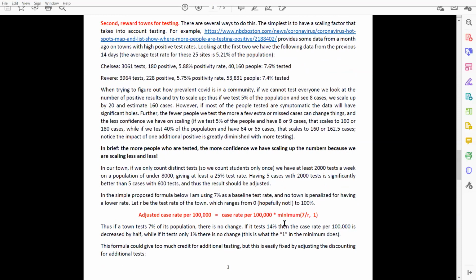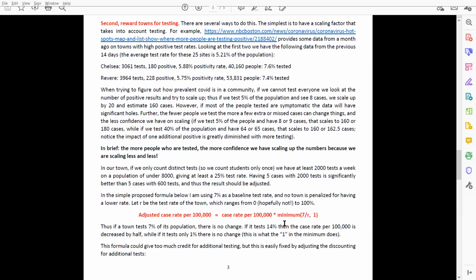And if you test more than that, if you test twice as much, at 14%, you would multiply by 7 over 14, so you would have half your case count. If you tested 21%, you would have 1/3 of the effective rate. There will be no penalty if you test fewer than 7%. So you're not going to magnify your case count.